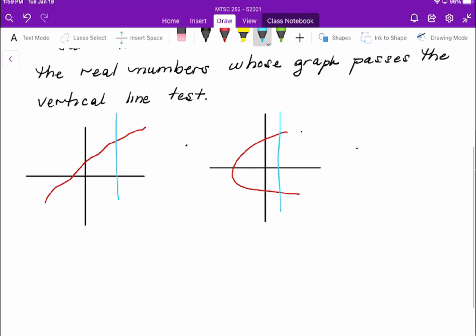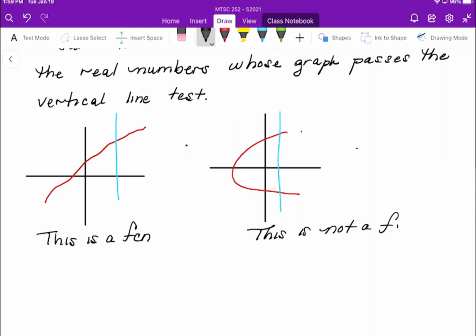So this one is a function, and this is not a function. Okay, so now that's basic. All of that is easy.